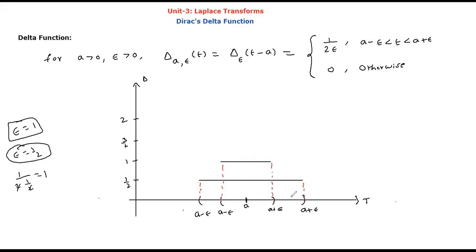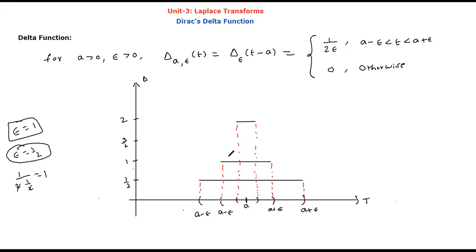Now as you see, as the interval width is decreasing, the height is increasing. If the interval is narrower like this, then the height will obviously increase. It may be somewhere here. So as epsilon is decreasing, the delta value is increasing. These are all delta functions. I'm just superimposing one on the other.